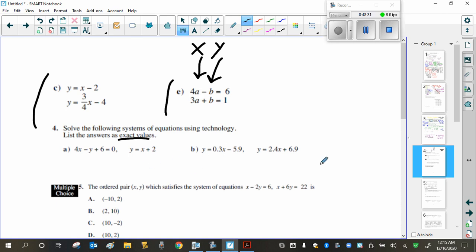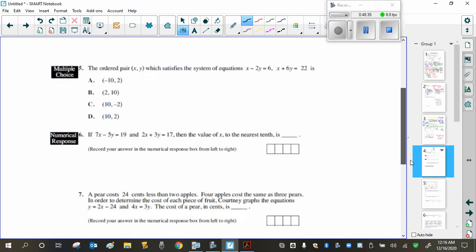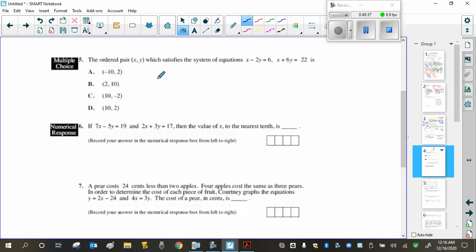So just do this like we have done all day. Let's talk about 5 and 6. Number 5 just means solve. Instead of saying solve the system of equations, you can say the ordered pair which satisfies the system of equations is. Just means solve, just do exactly what we've been doing.